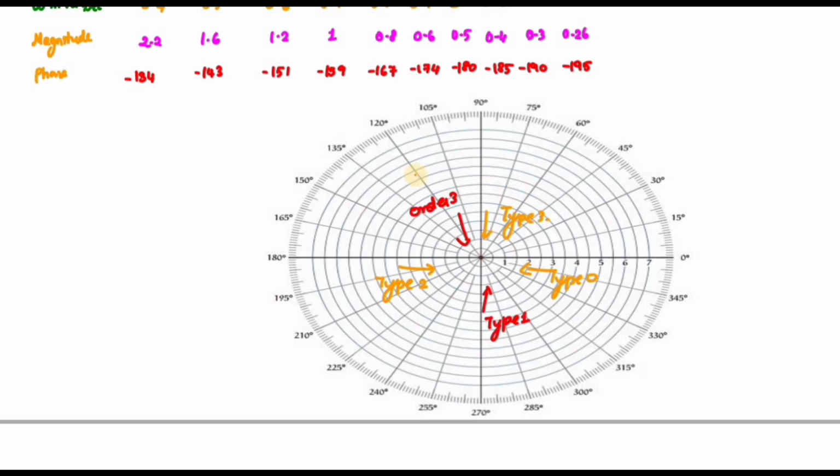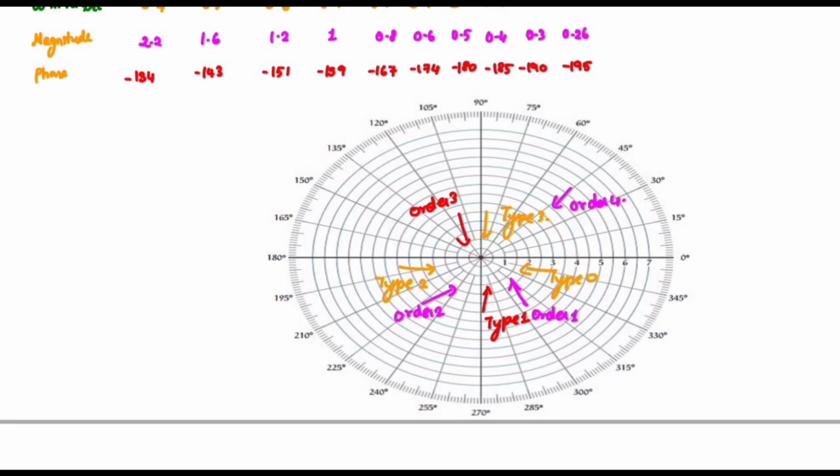And in a similar way for order, this is order 1. So you can see order starts from 1 and type starts from 0. This is order 2, and this one is order 4.